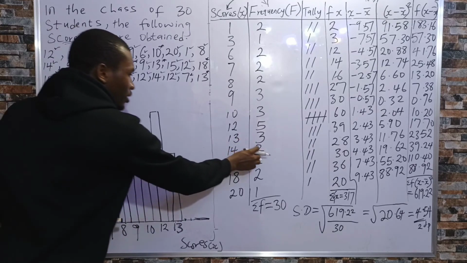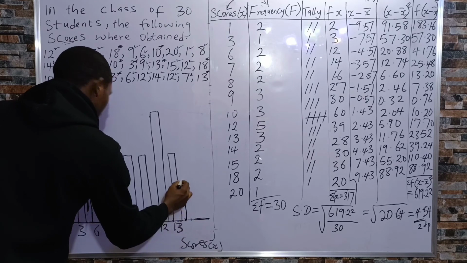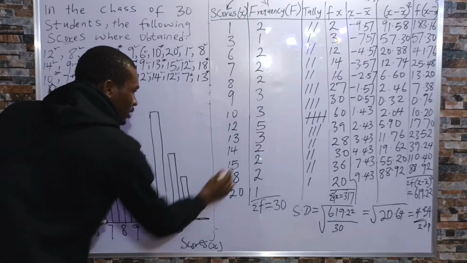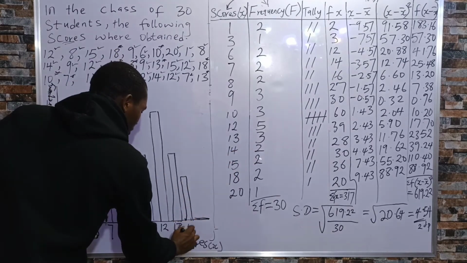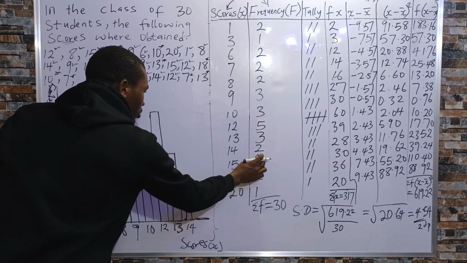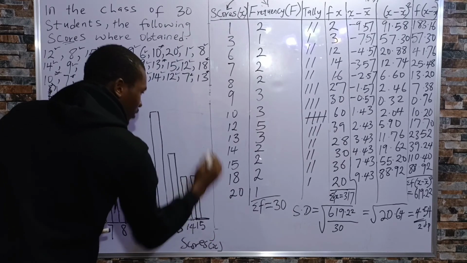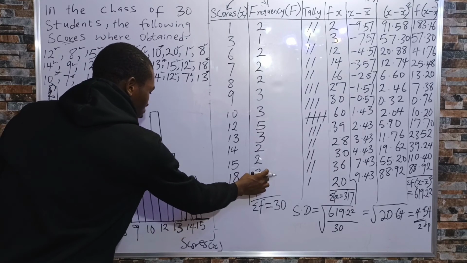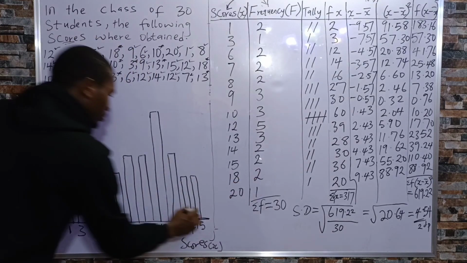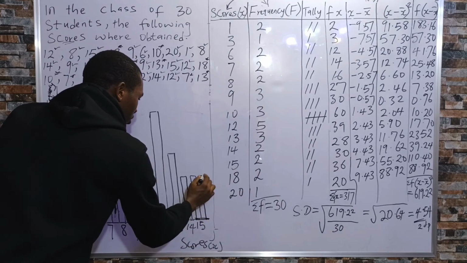Then drawing another rectangle for the frequency of 2, it will go up and get to the frequency of 2, maintaining the same width. It will come down, and that is for 14. Then another rectangle for that of frequency of 2, and that is for 15. So I will get to 2, bring it down. Another rectangle, that is for 2, it will get to the frequency of 2, and that will be for 18.